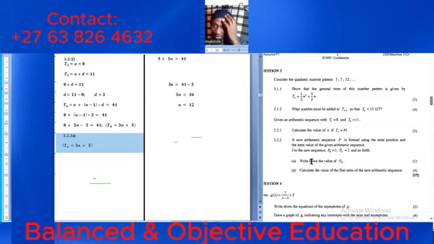So if we look at this question 3.2.2a, bearing in mind that the position in sequence P is the value in the original sequence, it means that the value of the 41st term in this new sequence P would be the position in the original sequence.